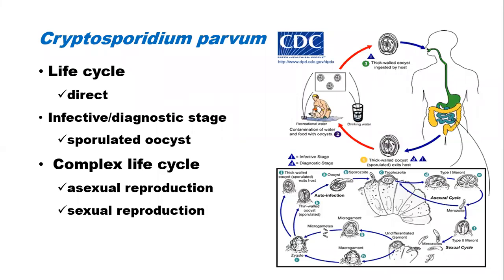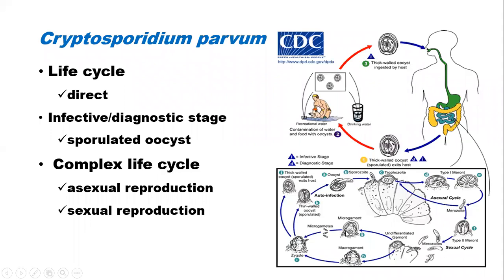These are type 2 merozoites, different from the ones released by type 1 meronts. These merozoites that emerge from the type 2 meronts will undergo some form of morphological changes and differentiate into what we call the microgametes and the macrogametes.